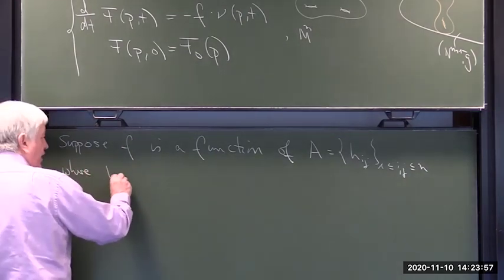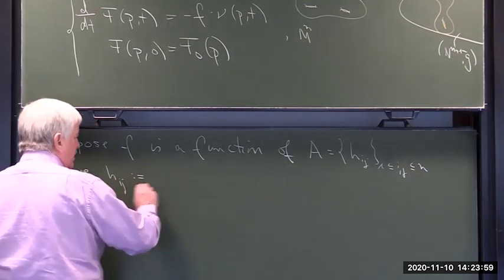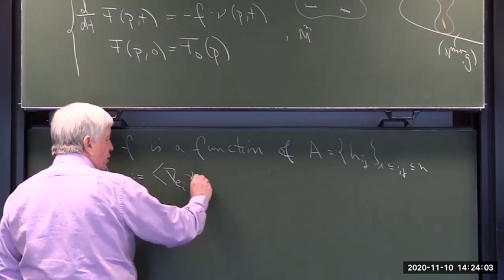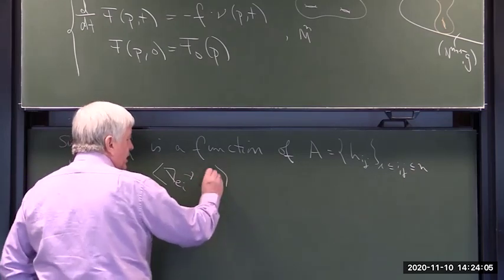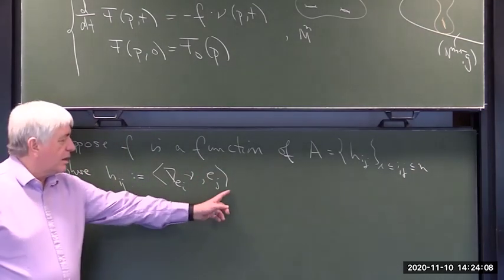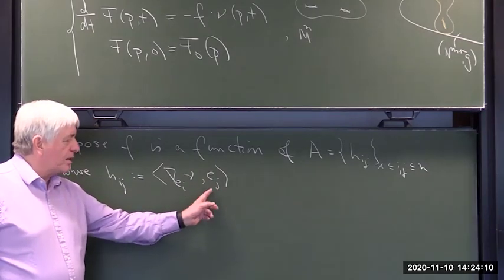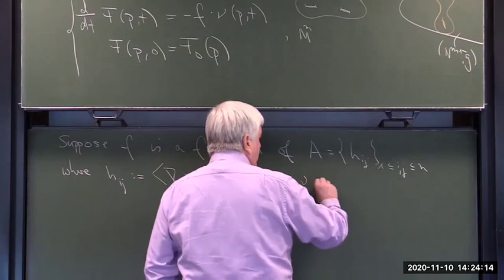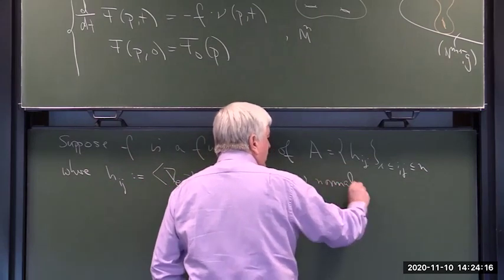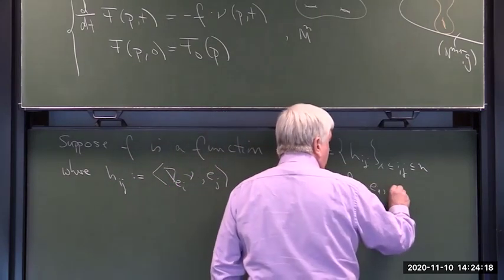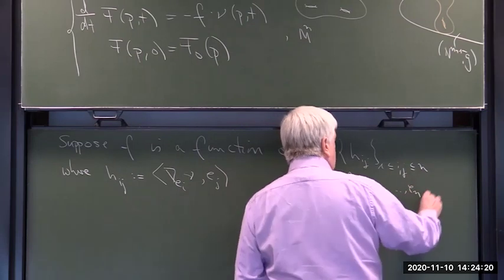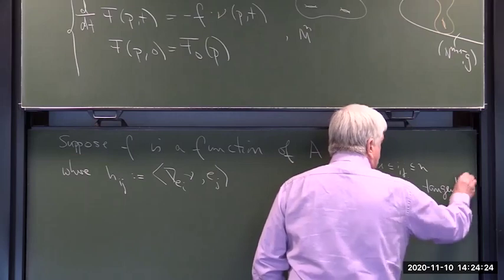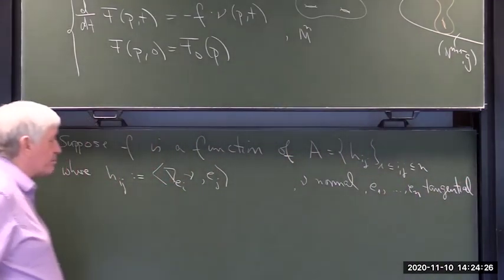So h_ij would be the derivative of the normal in tangential direction e_i, and the component taken in direction e_j again. So nu is normal, and e_1 up to e_n are tangential vector fields of length 1.